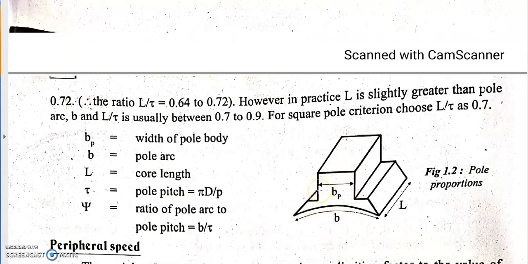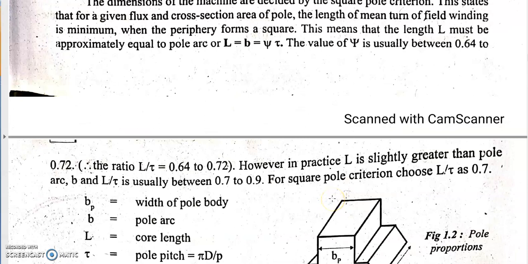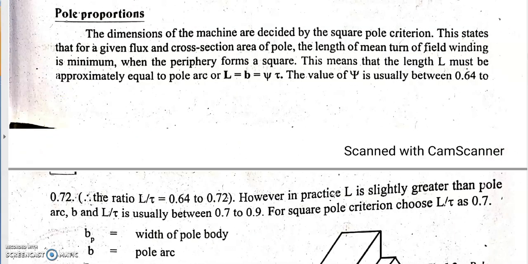Actually the length of mean turn of the field winding will be much lesser in circular pole construction, but manufacturing this circular pole construction is very difficult. So the second optimal choice of the field pole is the square pole criteria.